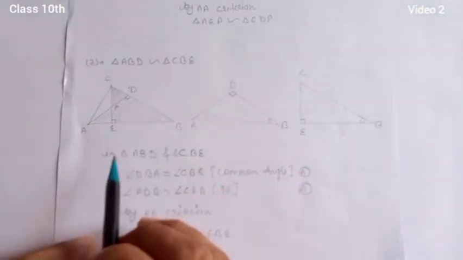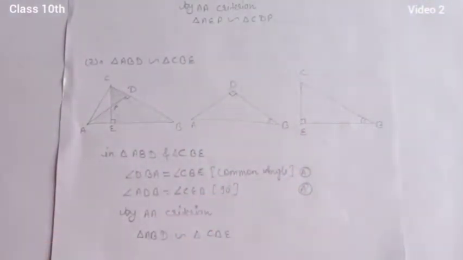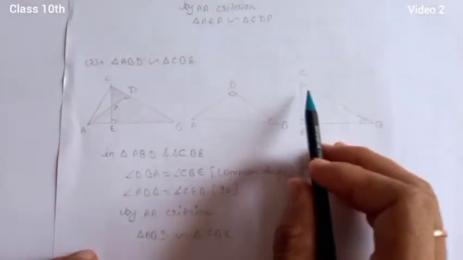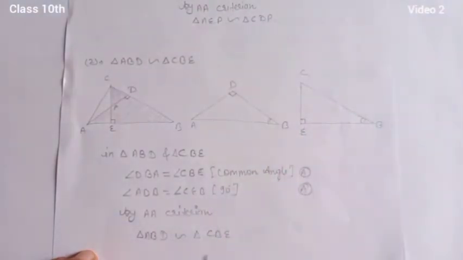Now we have to check which pairs are equal, so that we can say both are similar. So let's search in triangle ABD and triangle CBE. By observing the figure we have to check which angles are equal here.